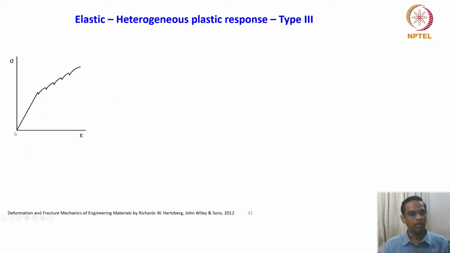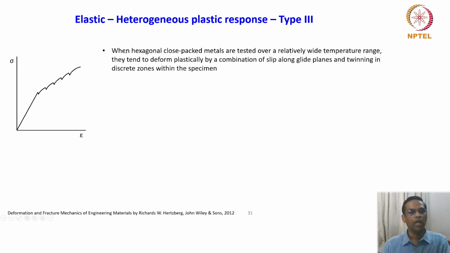So if you have a stress strain behavior by a material something like this, we need to know why it is so. When hexagonal close packed metals are tested over a relatively wide temperature range, they tend to deform plastically by a combination of slip along glide planes and twinning in discrete zones within the specimen.